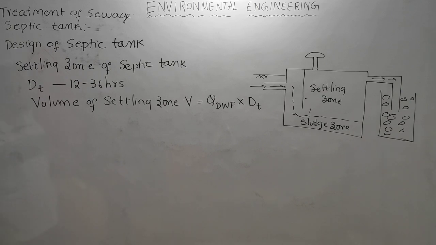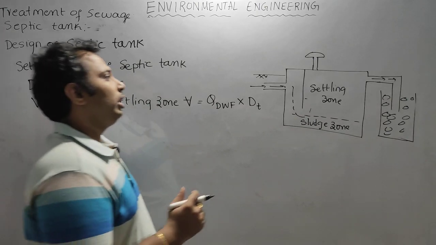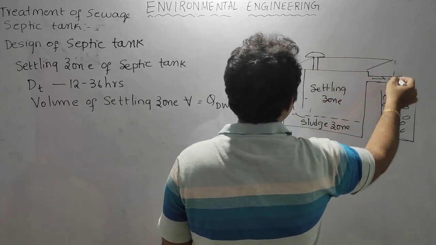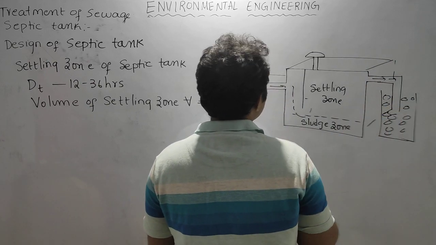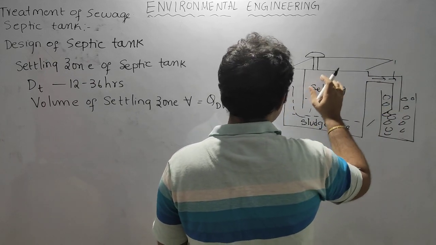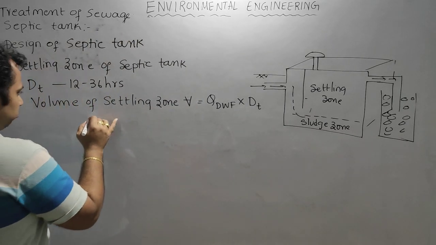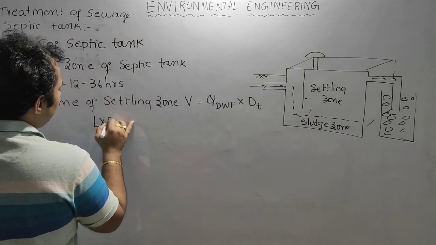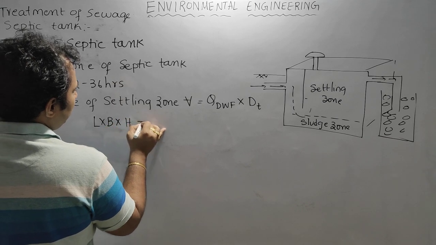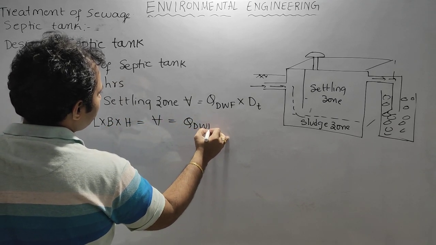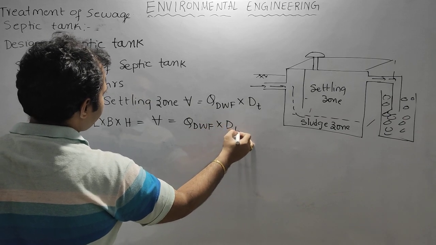The settling zone should be in a rectangular pattern like this. If you look at the three-dimensional view, there will be length, width and depth of the settling zone. So L, B, H, that is the volume, is equal to Q, dry weather flow, into detention time.